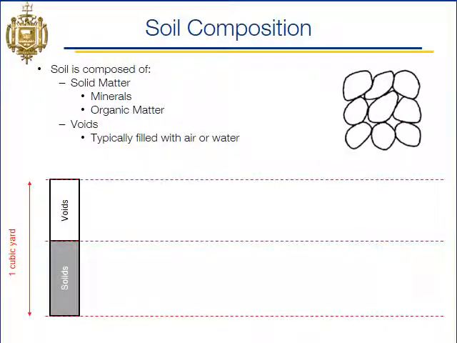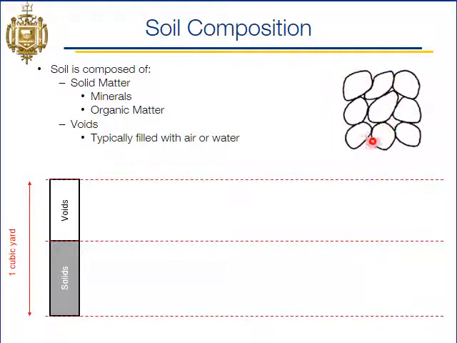All right, so we know that soils are made of solid matter. We have minerals and organic matter, but those pieces don't all fit together real nicely. So let's take a look at this soil graphic here. We have a close-up of a soil sample, and it's made up of all these little particles.